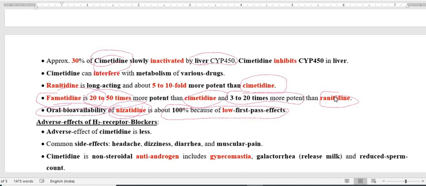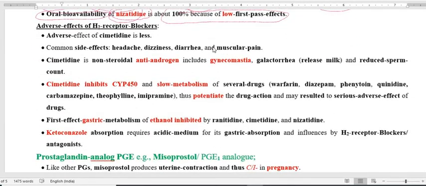Now we have to go through the adverse effects of the H2 receptor blockers. The side effects are not many, and they are headache, dizziness, diarrhea, and muscular pain. One or two more side effects are that the drug, particularly cimetidine, is anti-androgen. We know androgen participates in giving the male type of characteristics in the male.